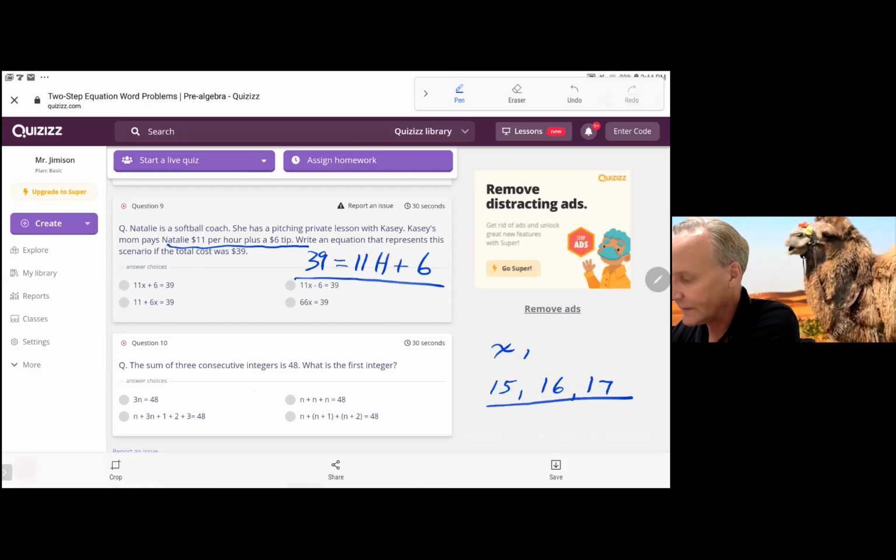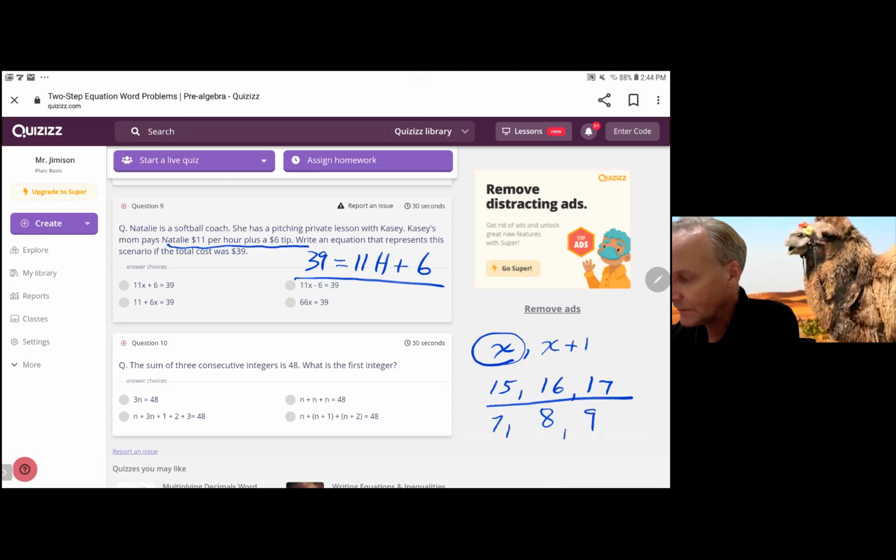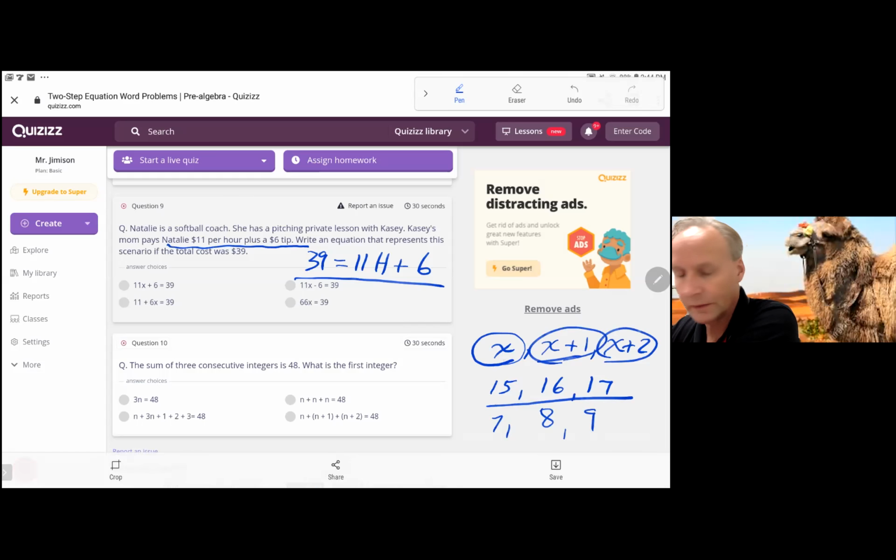They might be 7, 8, and 9. Those are 3 consecutive integers. But if we don't know what the first one is, say x, then the next one has to be x plus 1. And the next one has to be one more than x plus 1, which is x plus 2. So there's our 3 integers, and we add them together, and we get a total of 48.